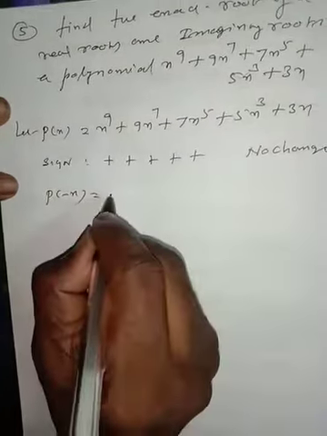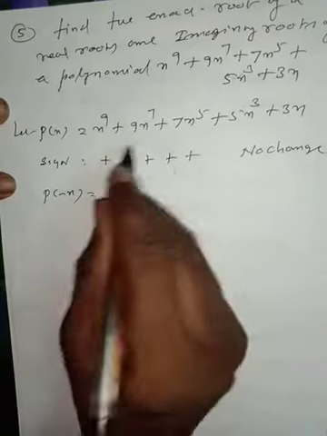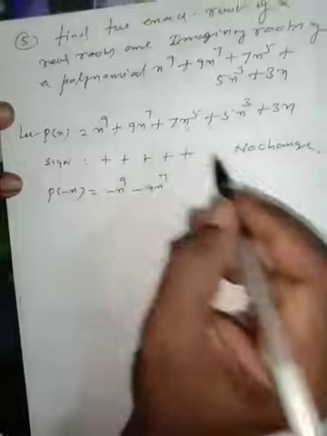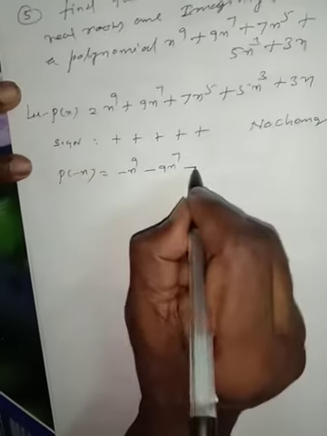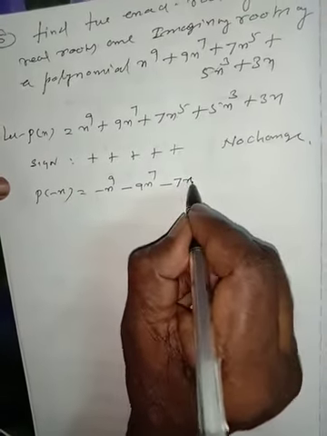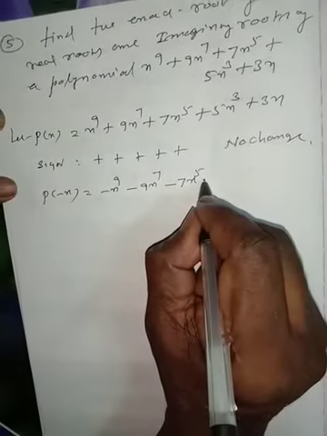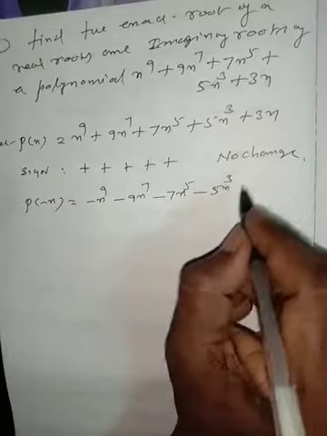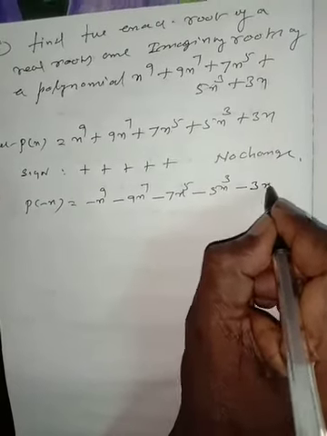Odd power, therefore minus x power 9. Again odd power, minus 9x power 7, minus 7x power 5, minus 5x power 3, minus 3x.